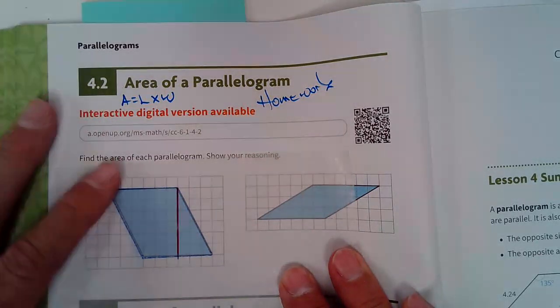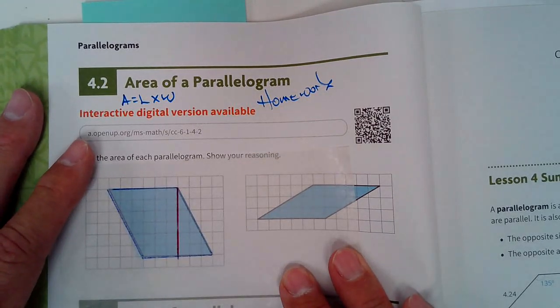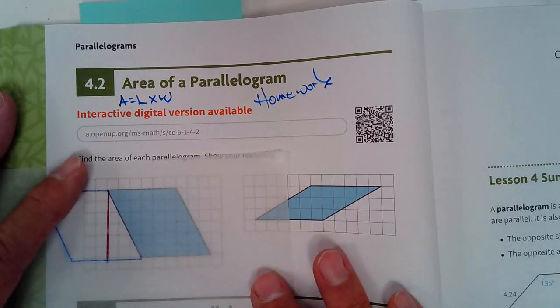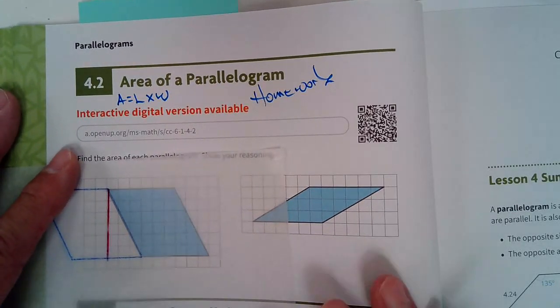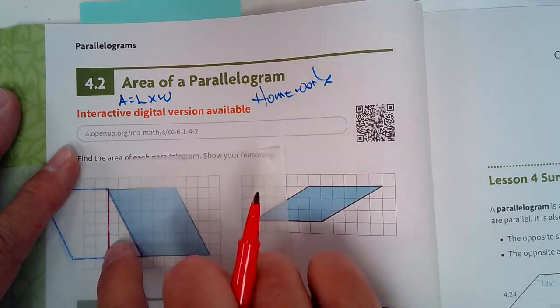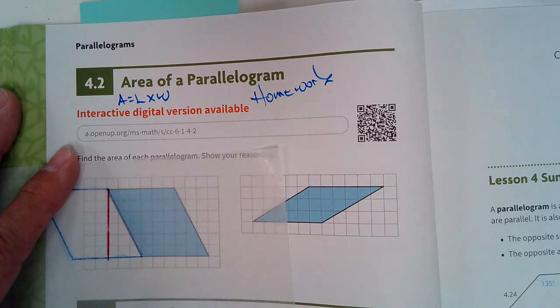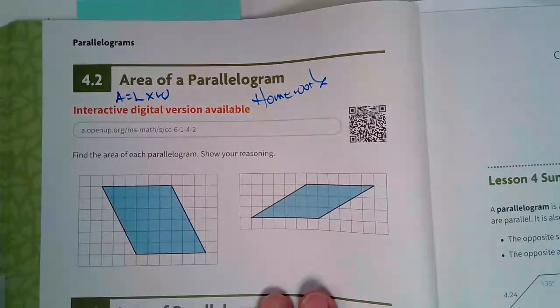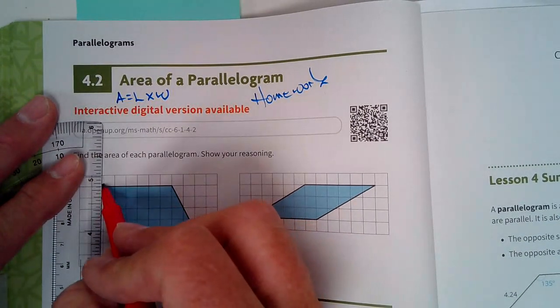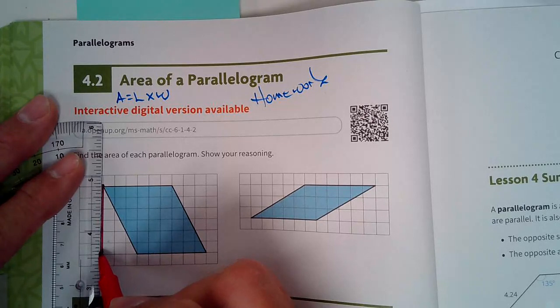I took the right side of that parallelogram and I moved it over to the left side. So assuming I cut this piece off and moved it here, what do I now have? Yeah, it would look like this. Whoop, I went too far.